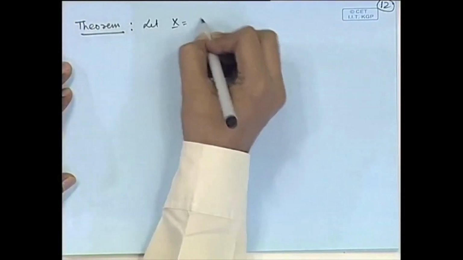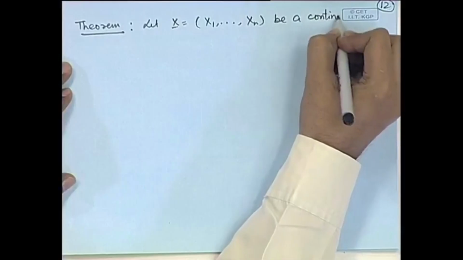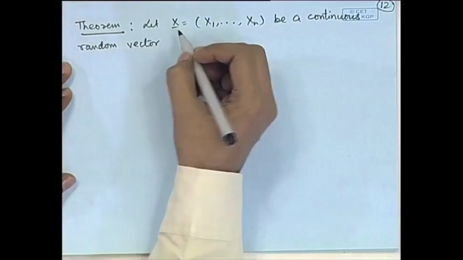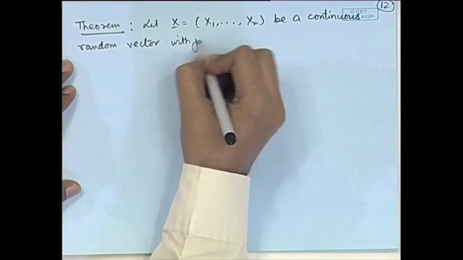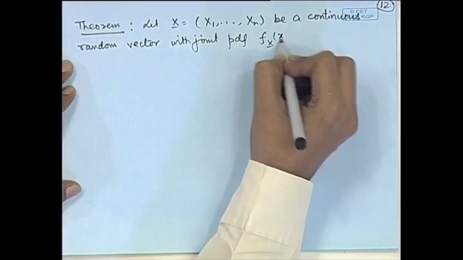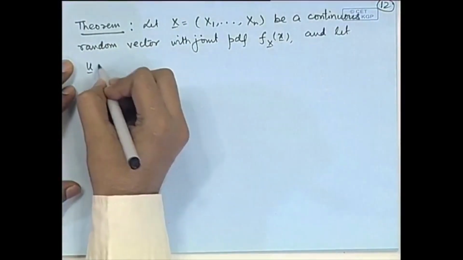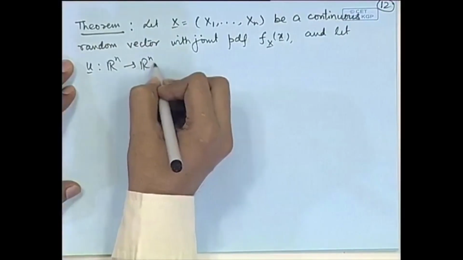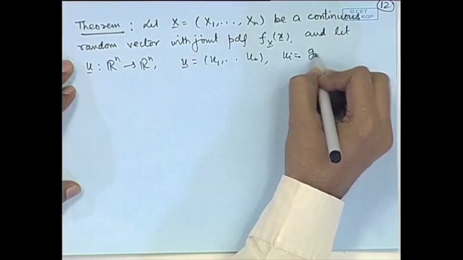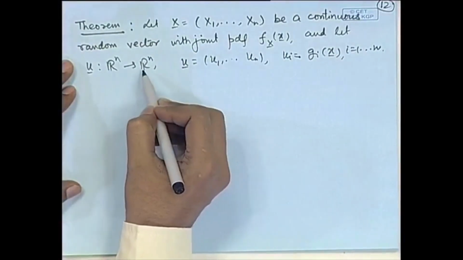Let X equal to X1, X2, Xn be a continuous random vector with joint PDF f of x, and let U be a mapping from R n into R n, where U is equal to U1, U2, Un, Ui is equal to some gi of x for i equal to 1 to n. So, we are not assuming that it is a 1 to 1 onto function.